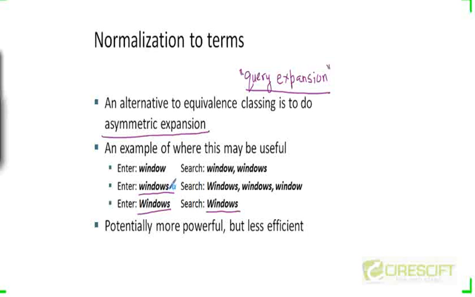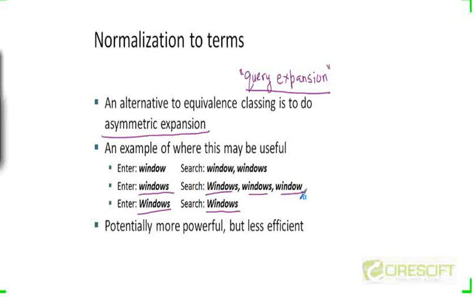In fact, if it refers to glass windows, then even a document containing the word window in singular form would be relevant, whereas a document containing the word window in singular form would not be relevant if the user was looking for the operating system. So if this is the query, it will be expanded into these three terms: Windows, windows with a small w, or window.